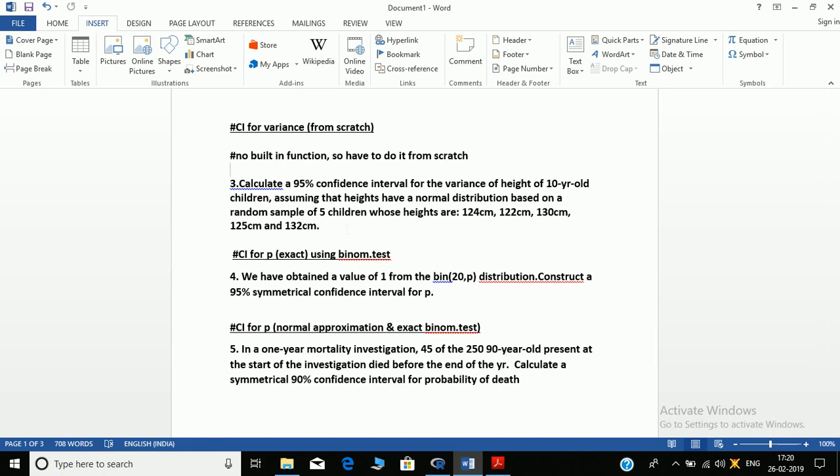Calculate a 95% confidence interval for the variance of height of 10-year-old children, assuming that heights have normal distribution, based on a random sample of 5 children whose heights are 124, 122, 130, 125 and 132. The data remains the same here, but we now have to find the 95% confidence interval for the variance.